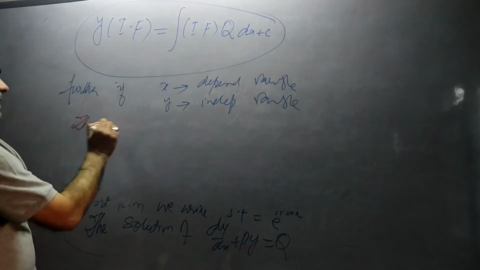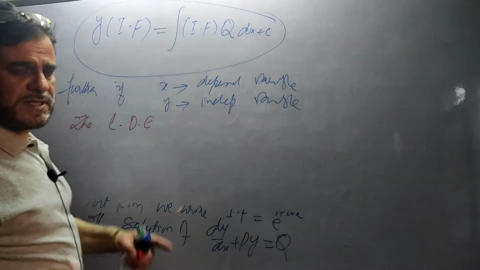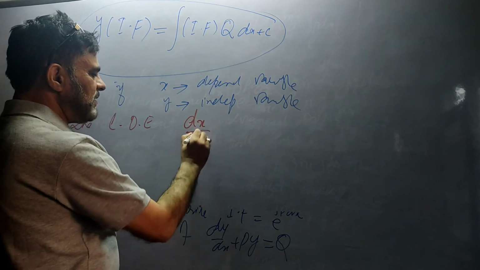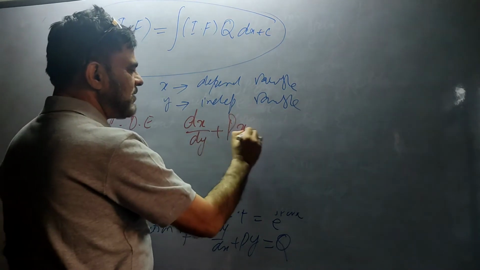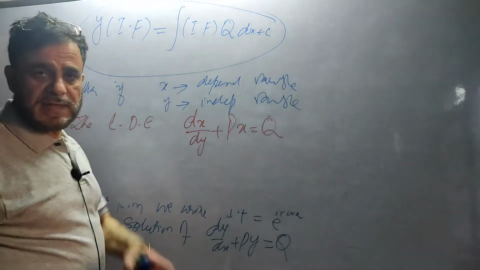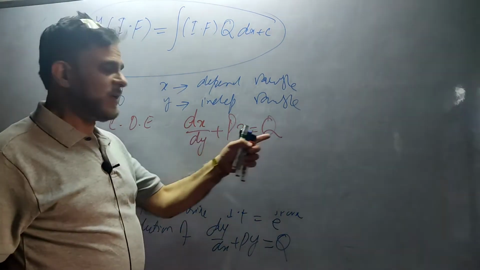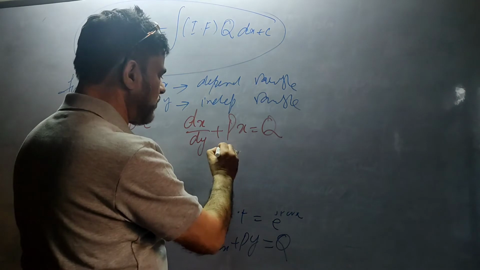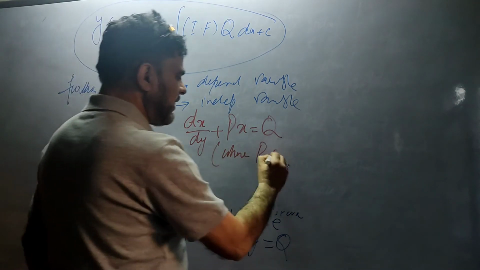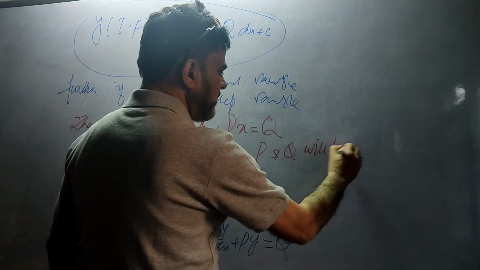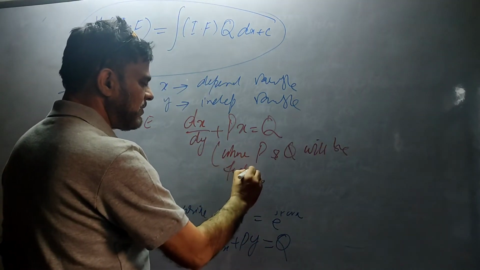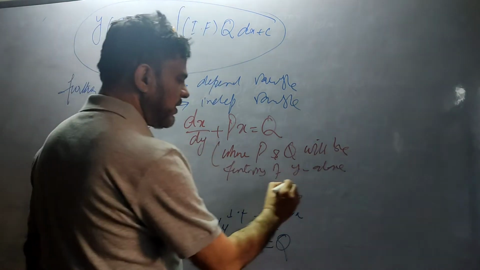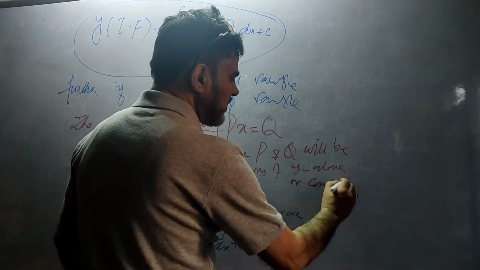The linear differential equation of first degree and first order in this case will be dx by dy plus px is equal to q. The previous one was dy by dx plus py is equal to q. Now it is dx by dy plus px is equal to q. Here p and q will be functions of y alone, or they can be constants.